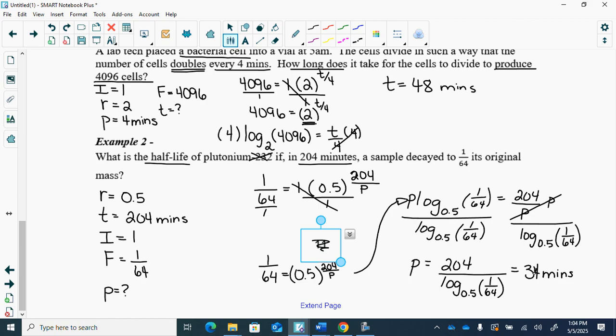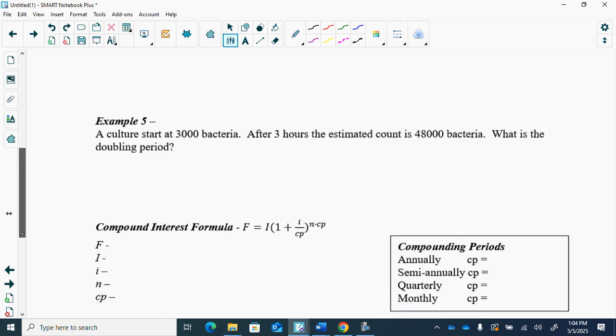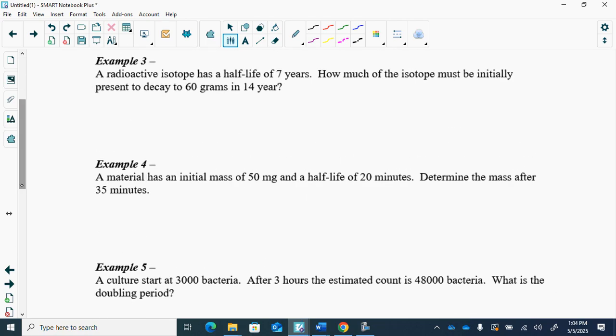Then we're gonna flip over. Okay. 3, 4, 5, go. Quickly.